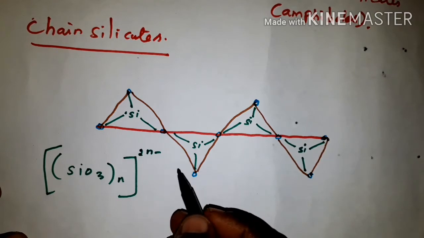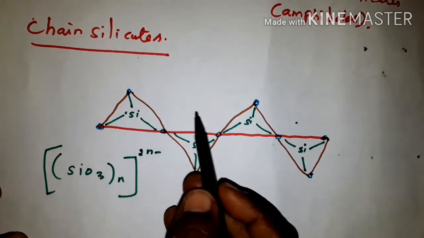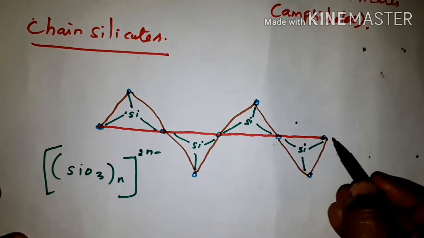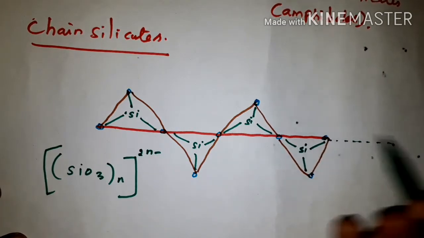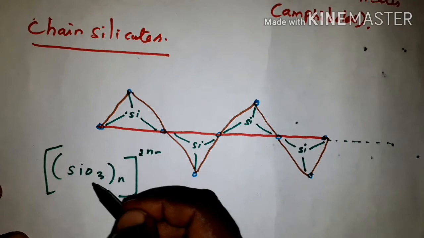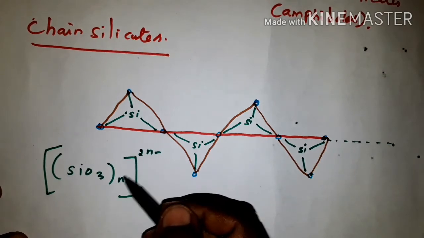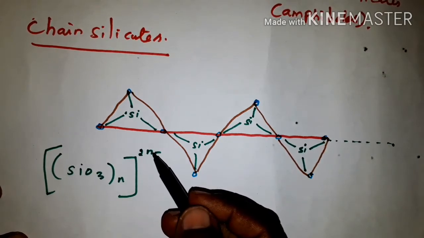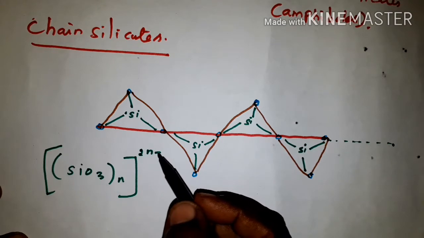This is the ion formed by linking n number of tetrahedral units. This line will go straight away. So n number of this SiO3, n times, 2n minus ions, forms a linear structure.